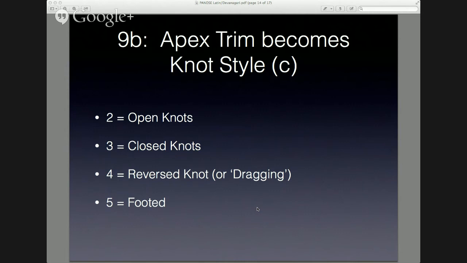A similar thing happens here with knots in Devanagari, and a knot is this corner shape, and sometimes those knots are open, and sometimes they're closed, and sometimes they kind of drag the shape over a little bit, and sometimes they even have a bit of a serif at the end of the knot, what I call footed. So we're trying to track those different knot variations, and you know, this will be a fun one.